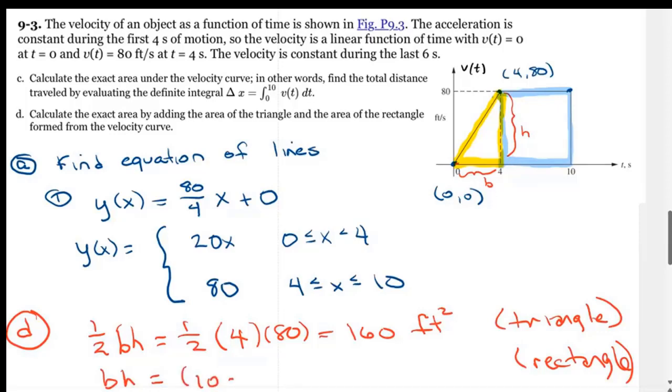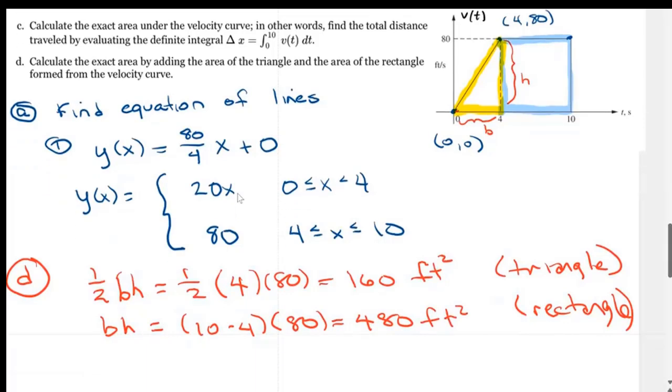I'll just write 10 minus 4 times 80, which is 6 times 80, which is 480 feet squared. And if I add those two together, I get the total area of the triangle plus the square, or rectangle, total area is equal to 640 feet squared.